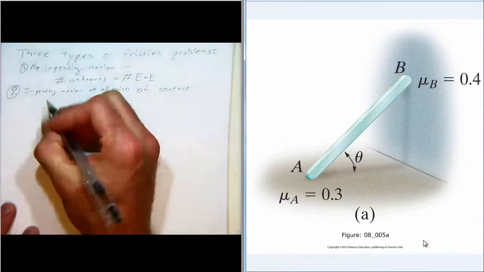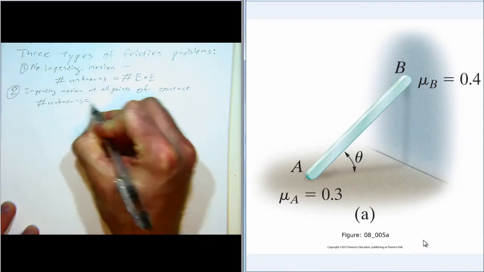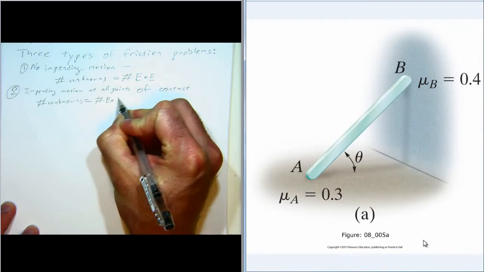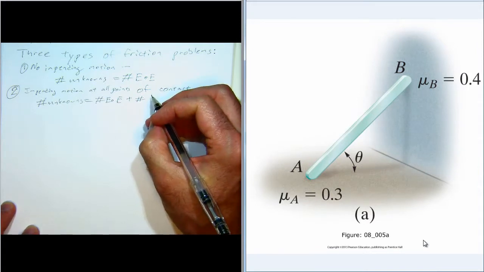And so in this case, the number of unknowns is equal to the number of equations of equilibrium plus the number of frictional equations.